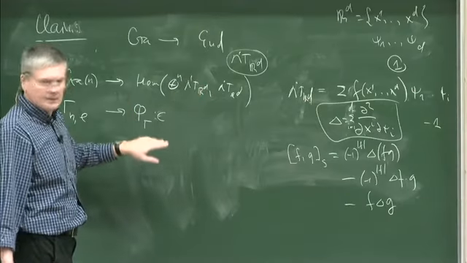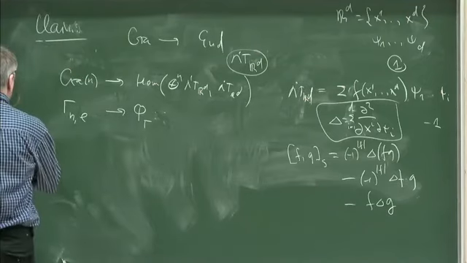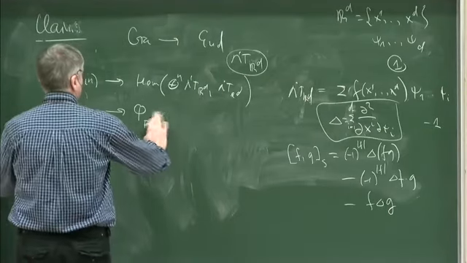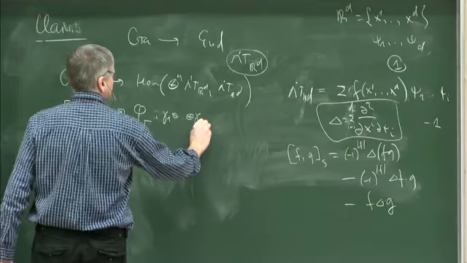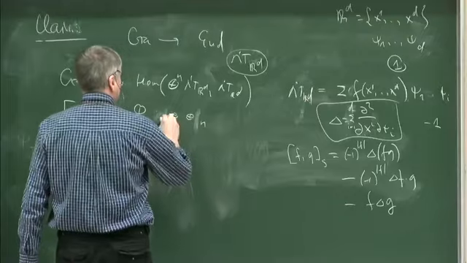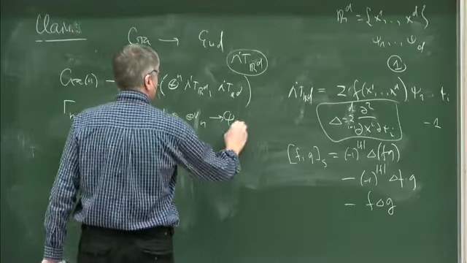So Phi_gamma is a map that takes n polyvector fields V_1 through V_n and produces something out of them.